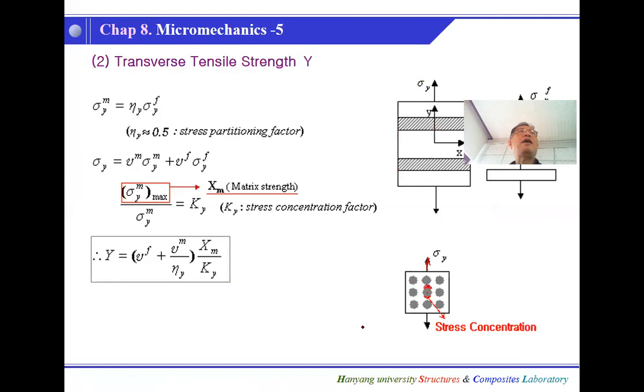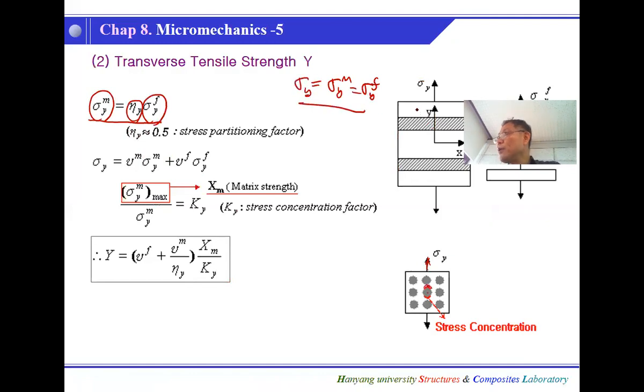But we are engineers, we like to simplify without losing much accuracy. And one of the very effective ways is to assume some partitioning factor between matrix stress and fiber stress. Previously, we just assumed that they would be all the same, right? All the same.